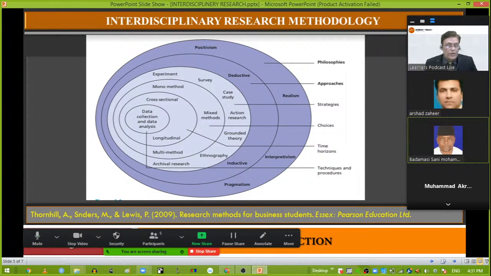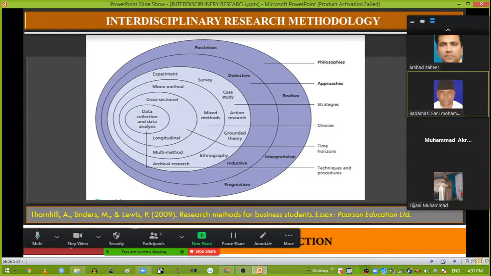Okay, great, sir. So, Dr. Badmasi Sani and Dr. Akram, sir, anyone of you, if you want to put some light on this, on today's topic, sir? Give chance to Dr. Badmasi if he's hearing, maybe that he can speak before Yeah, we. yeah.